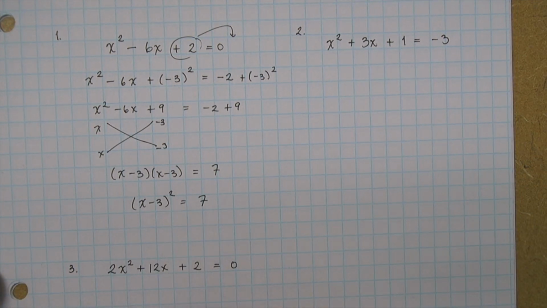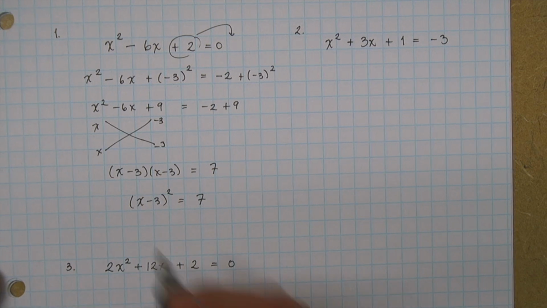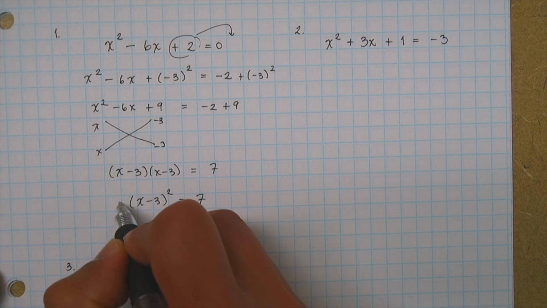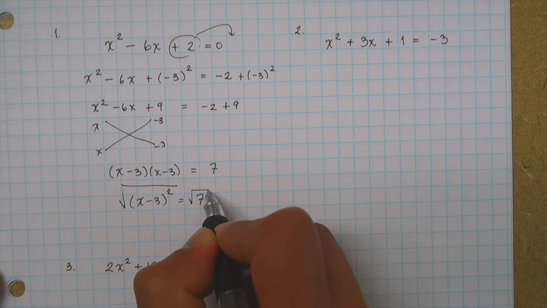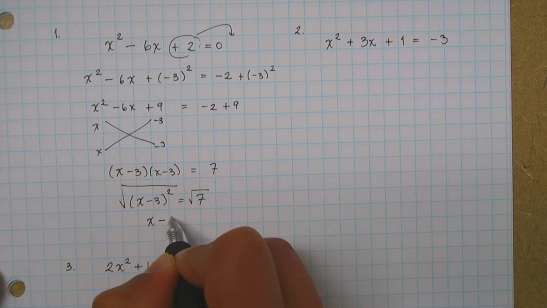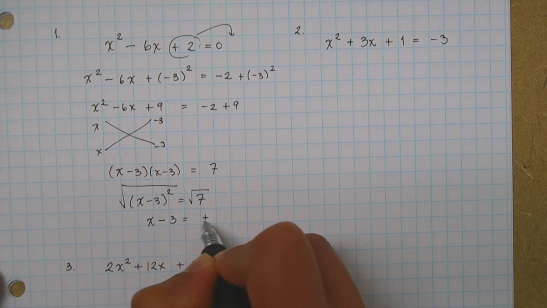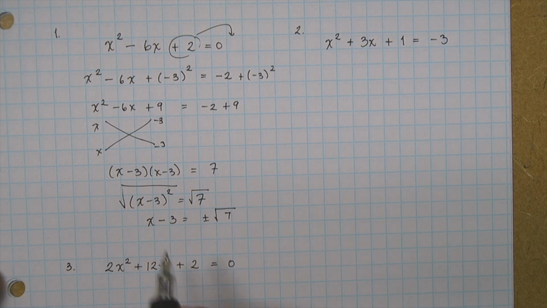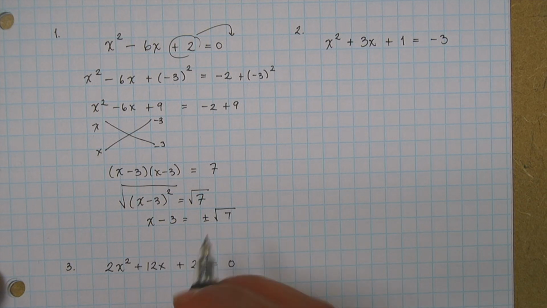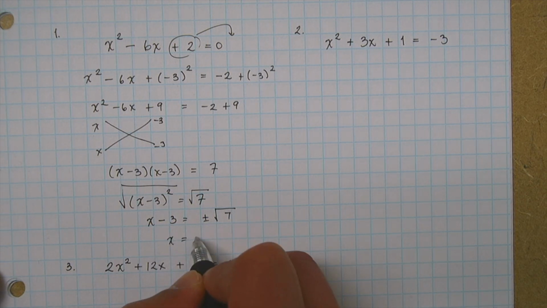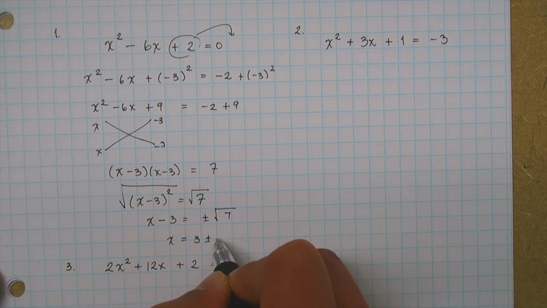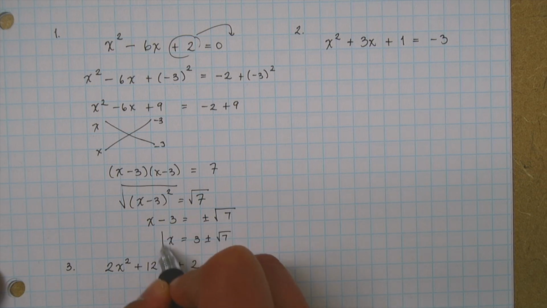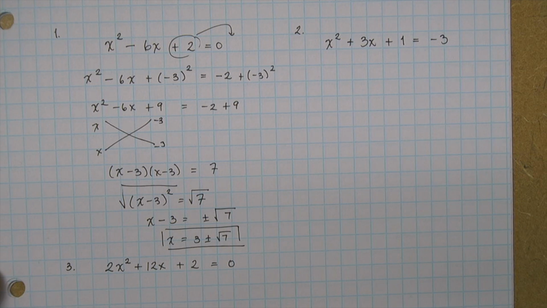Now from here we're going to solve it. To simplify the square, we take the square root on both sides. We get x minus 3 is equal to plus or minus the square root of 7. Then just take the -3 over, and we get x equals positive 3 plus or minus the square root of 7.